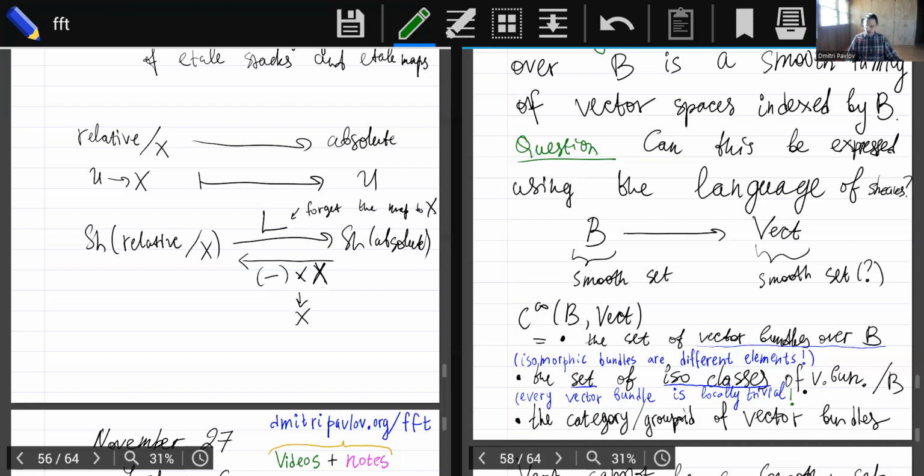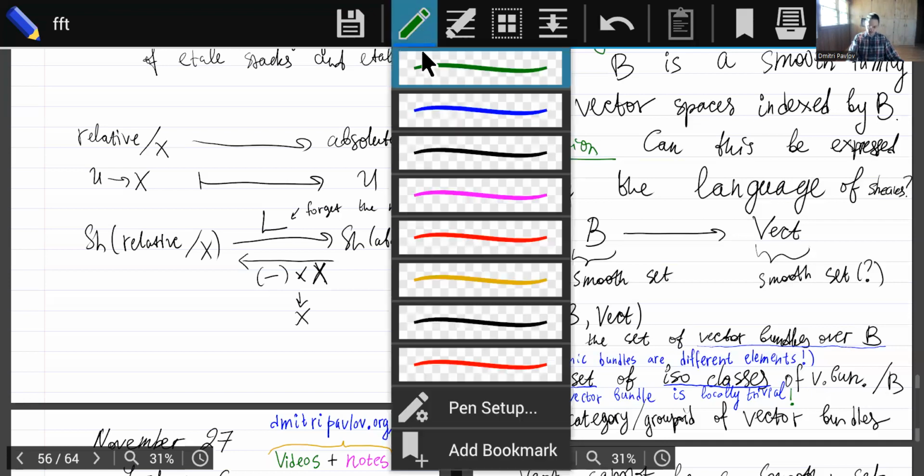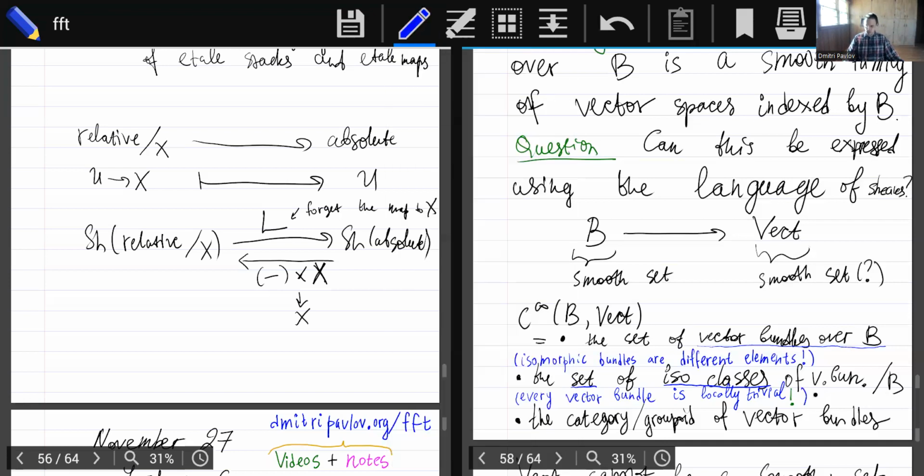Which means there is no hope for you to have this definition. It will not satisfy the sheaf property, right? Because you can see that different non-isomorphic vector bundles, when you restrict to a certain open cover, suddenly restrict to exactly the same sections over this open cover.